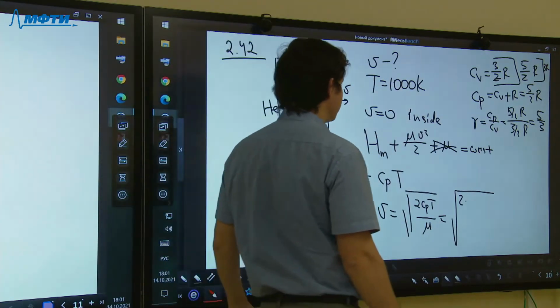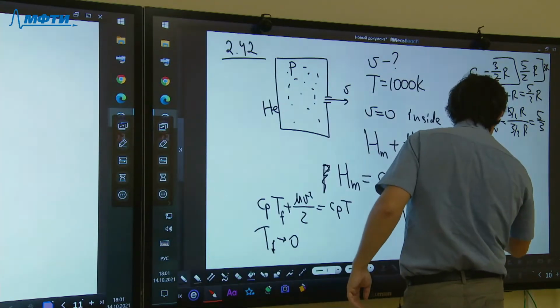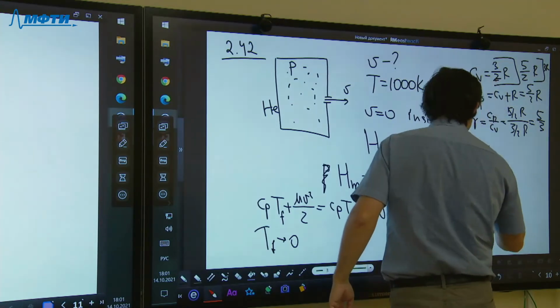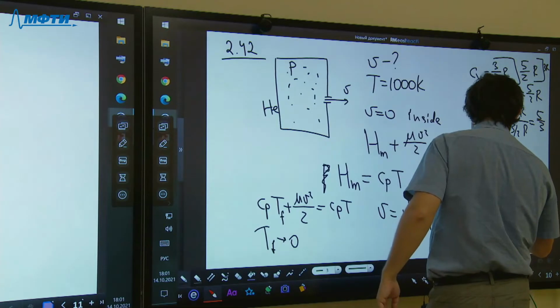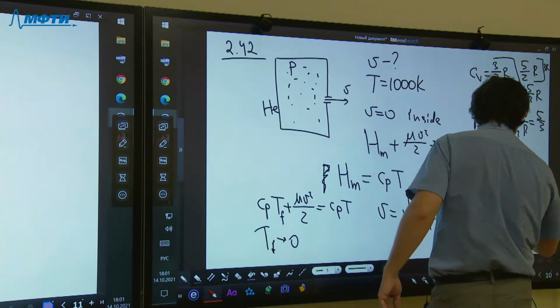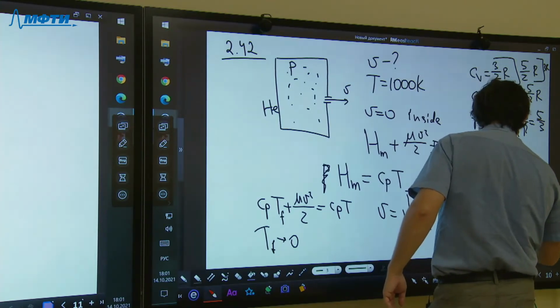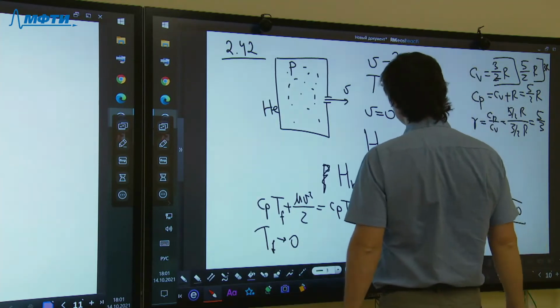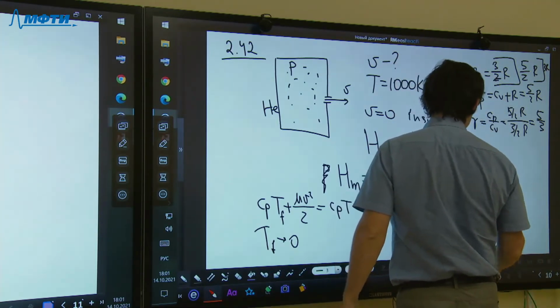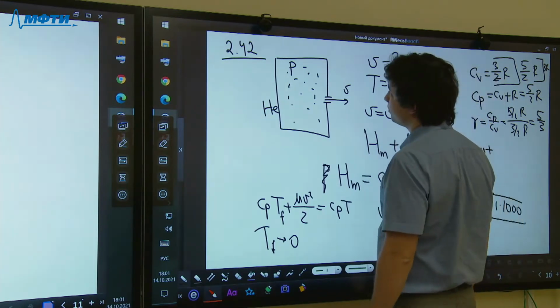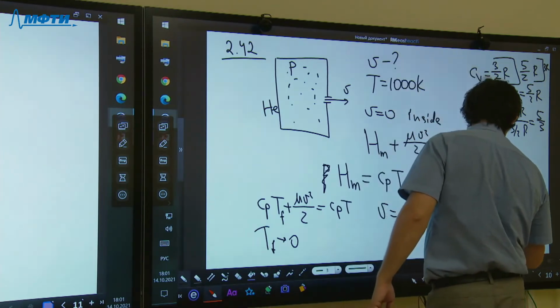Okay, so Cp is 5 over 2R times 1000 Kelvin. So, okay, R is 8.31 times 1000 and divided by the molar mass of helium, which is 4 grams per mole.